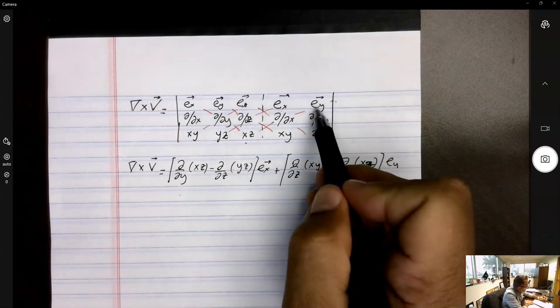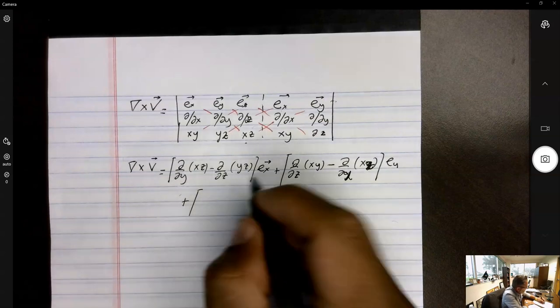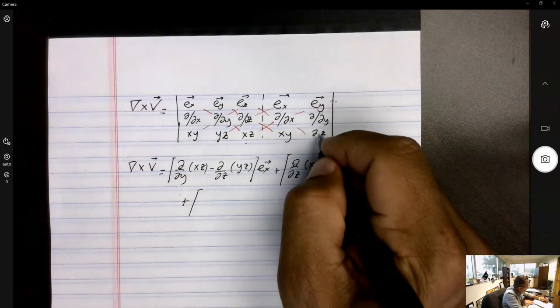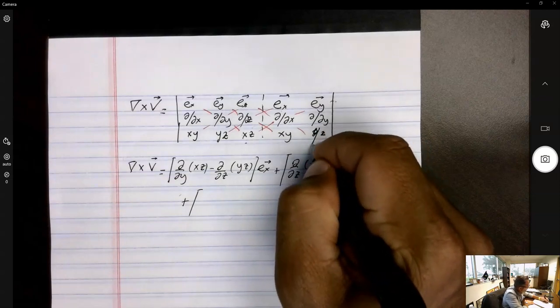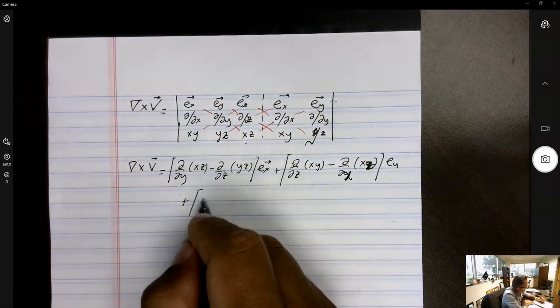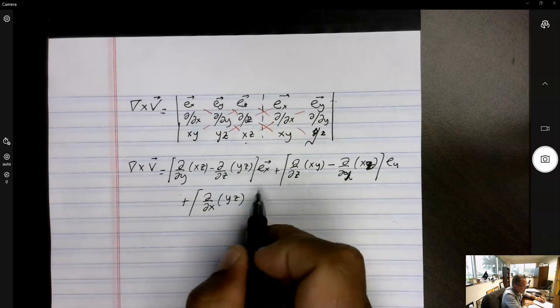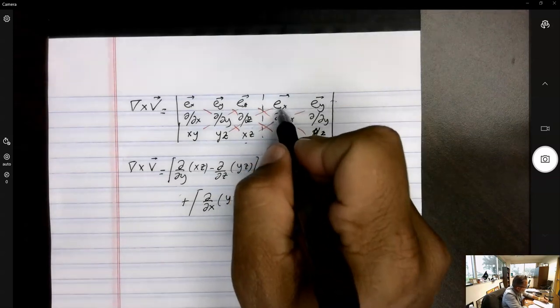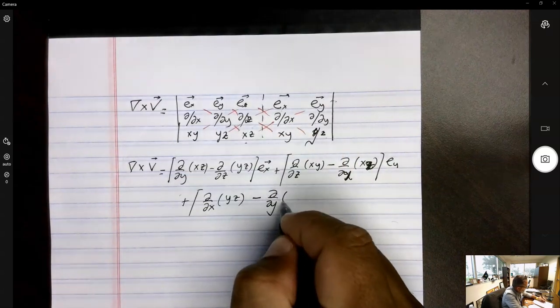So that's that one. Plus, in the z direction we have d dx of yz. This will be yz. So we have d dx of yz minus, in the negative z direction, we have d dy of xy.